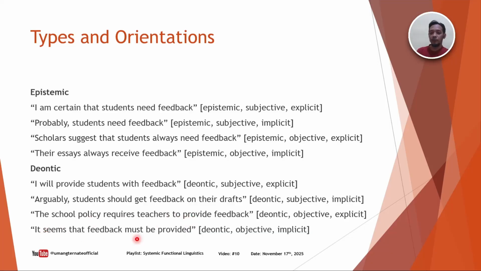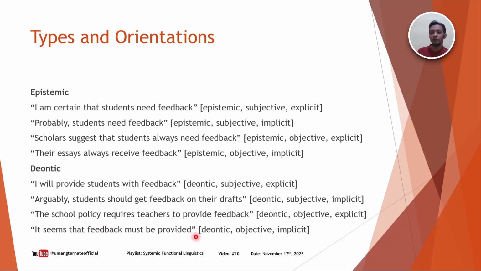The last one is the deontic objective implicit modality. "It seems that feedback must be provided." This passive clause is about what must be provided, which is the feedback, and it is objective because the source of the modality comes from what seems.